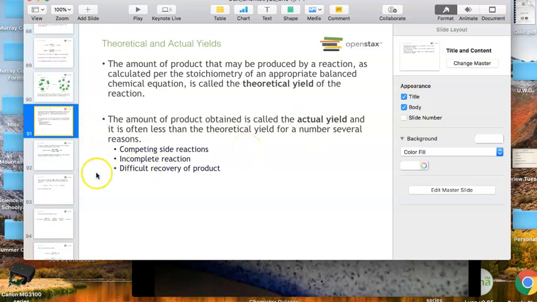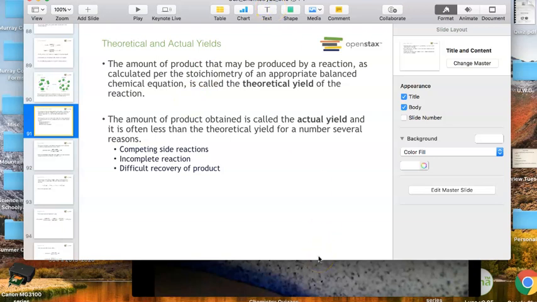All right, so we had to basically figure out theoretically how much copper was obtained. This value they give here is the actual copper metal that was found.